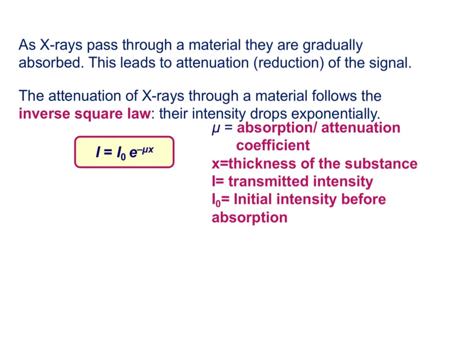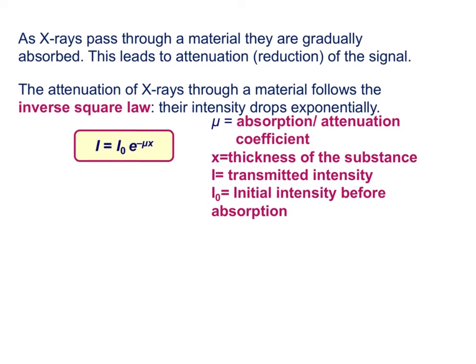So what we have is the transmitted intensity, so what has passed through a bone or an object. X-rays are also used on objects as well, but that's another thing that we don't really need to look into now. So I naught is the initial intensity before any absorption. I is the transmitted intensity. Mu, a Greek letter, can be called the absorption coefficient or the attenuation coefficient.